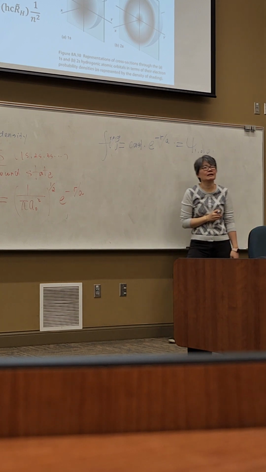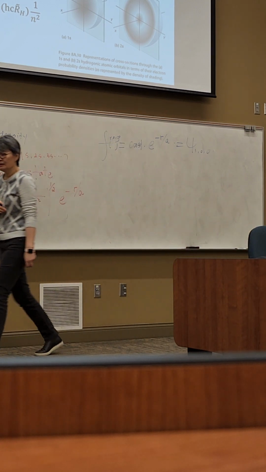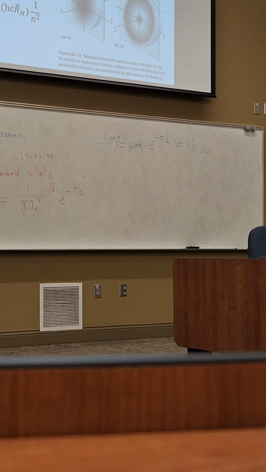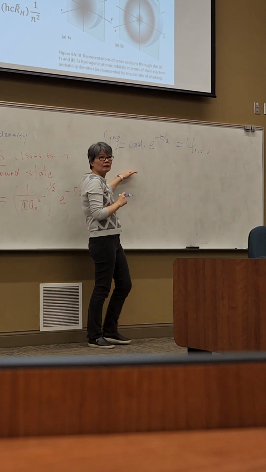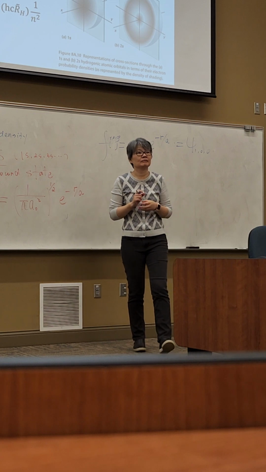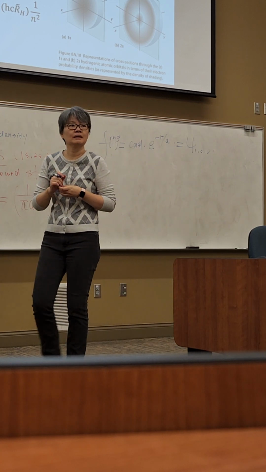So what does that mean? Don't worry about quantum mechanics. Just given this particular function, what can you describe? Will it decay as we increase the radius, so as it goes farther?